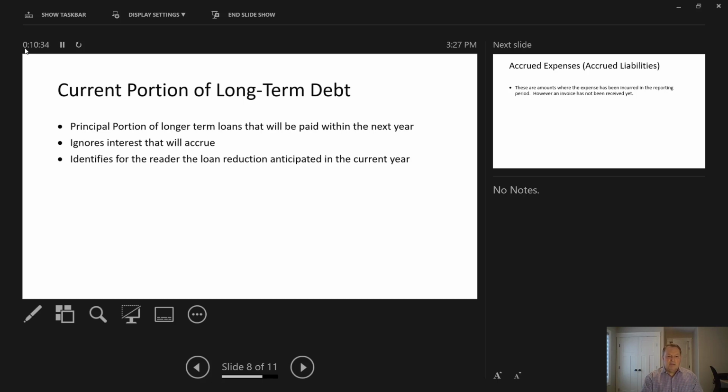We know that there's going to be interest that's going to accrue, but we want to know how much of those long-term debt loans we're going to have to pay in the next year. That shows up as a line on the balance sheet as a current portion of long-term debt. And it helps the financial statement reader anticipate what's going to happen in the current year in terms of loan repayments. Really important to them.